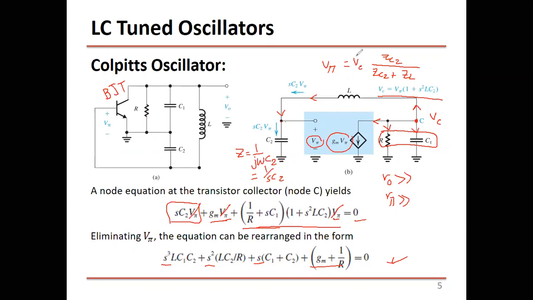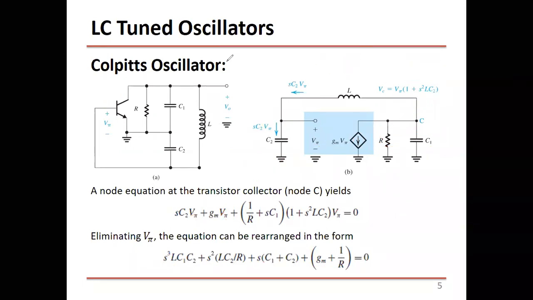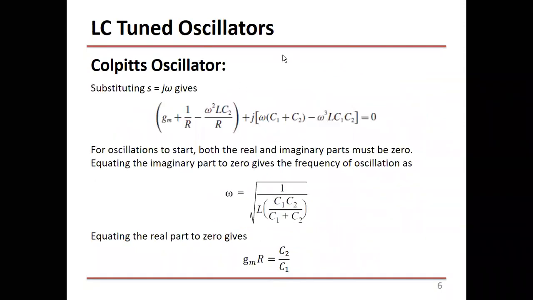Next, because we are looking for the frequency of oscillation, we have to replace s with j omega to make this a function of omega.